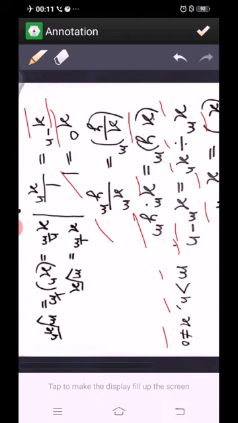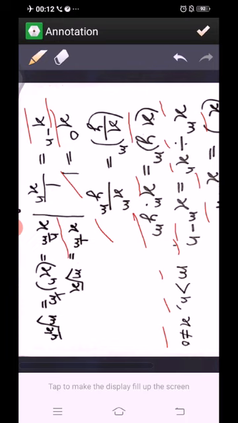X power minus n, negative power given. To change this negative power into positive, we change its place. If it is given in numerator, we bring it to the denominator, then it will become positive. Or if it is given in denominator, then we bring that base and power in numerator, then its power will become positive.